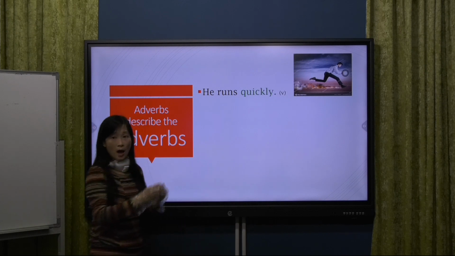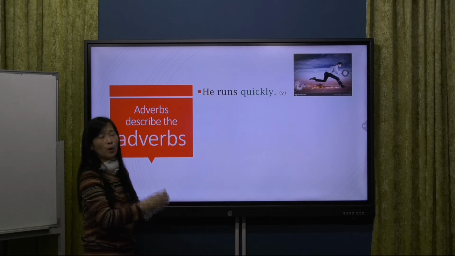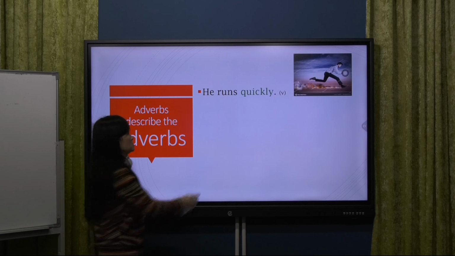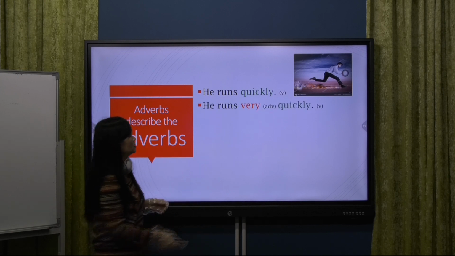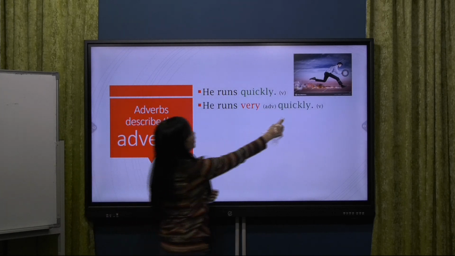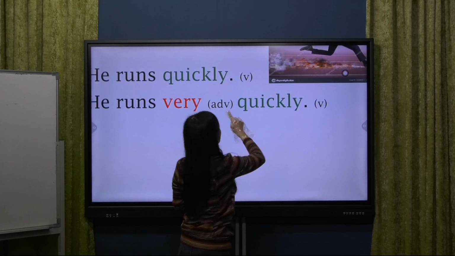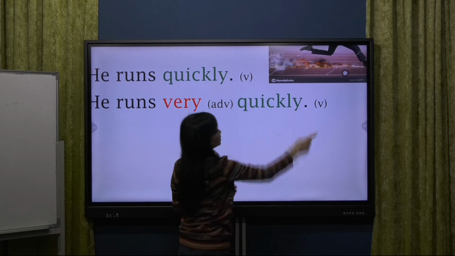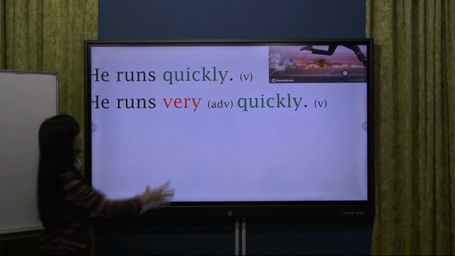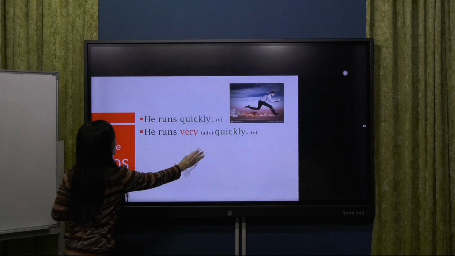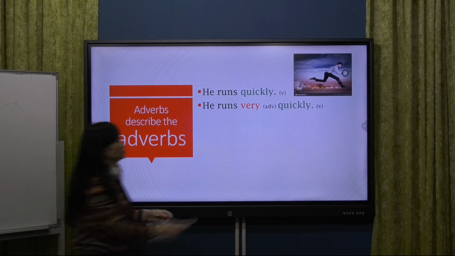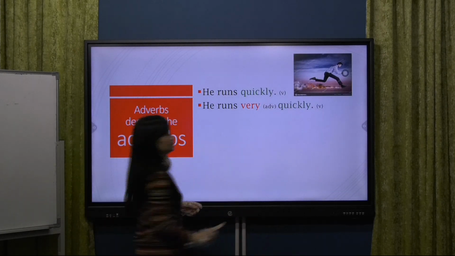And I want to tell you more about how quick he is. And I would say he runs very quickly. Now, here is also ADV. So, two ADV together. So remember that I made a mistake when I prepared this.